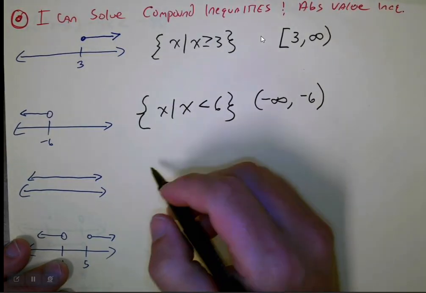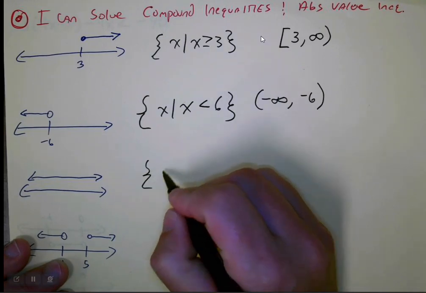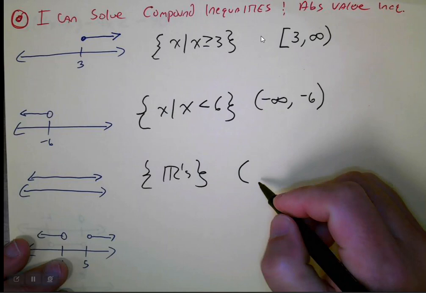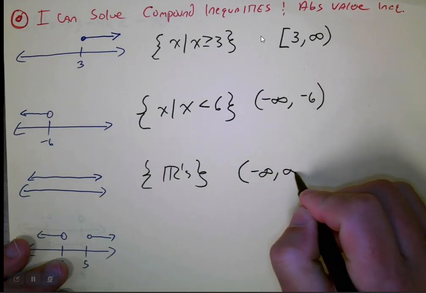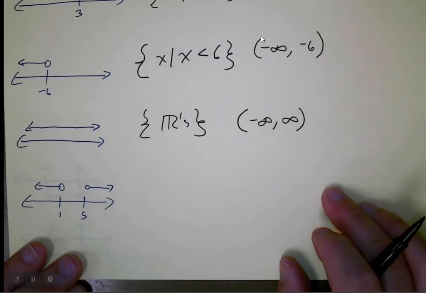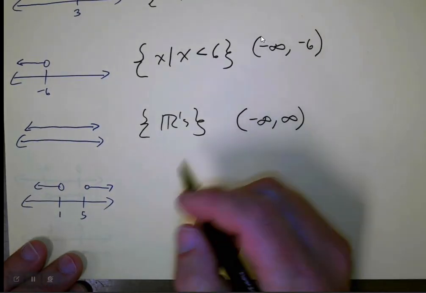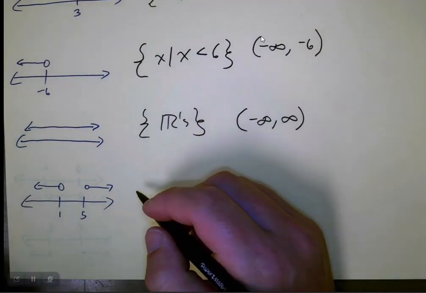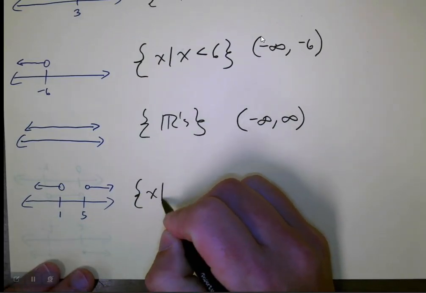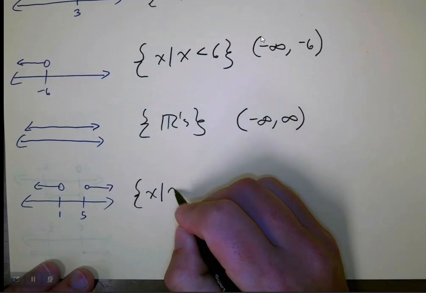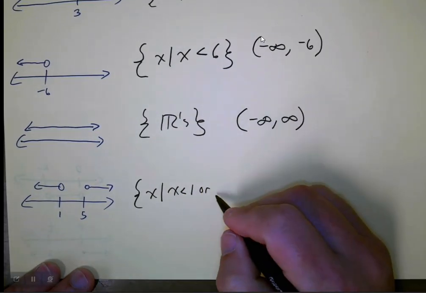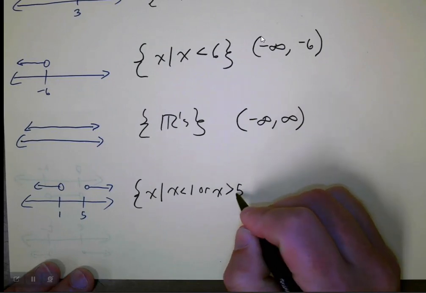So this one's interesting. This one is all reals. What does that look like as interval notation? From negative infinity to infinity. This one, you talked about it in probably algebra 2 or whatever. This is an or. So this is curly bracket x such that x is less than 1 or x is greater than 5.